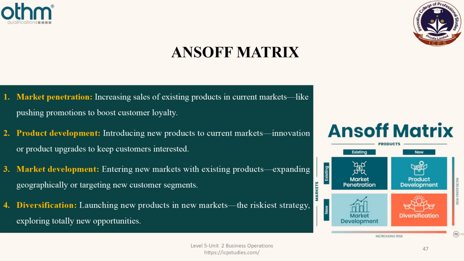But in diversification, we are launching a new product in a new market. We are changing both our market and our customer. And it is the riskiest strategy, and it explores totally new opportunities for the business.